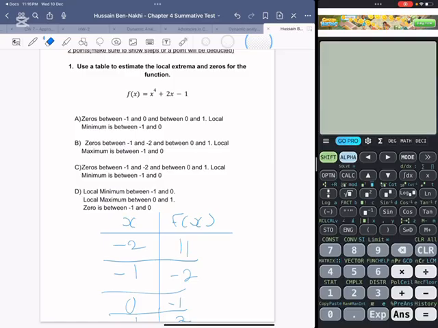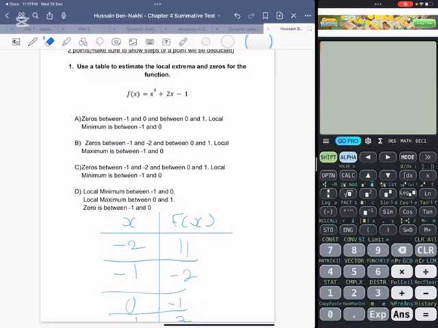So now that we see the number goes from positive to negative, that means in between these two numbers there's a 0. And then also between 0 and 1, it goes from negative to positive. So that's another 0. So we can already see from our answers, we can cross out A and D. What's left is B and C.